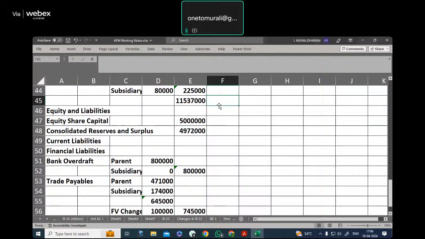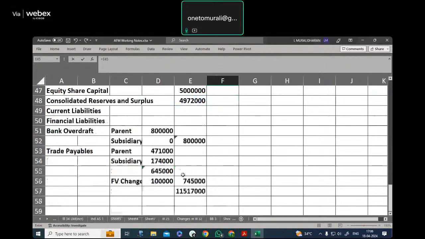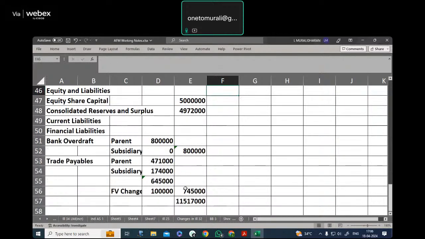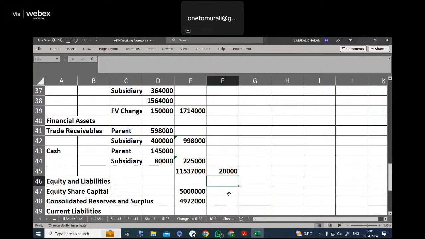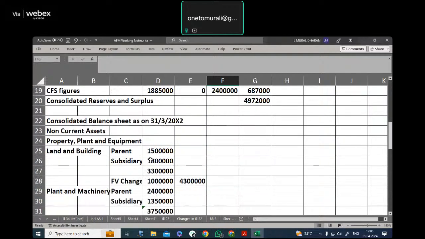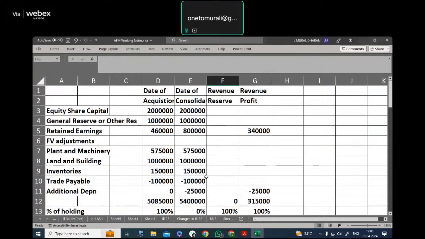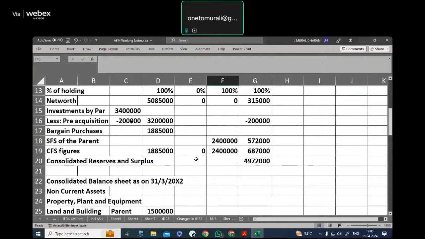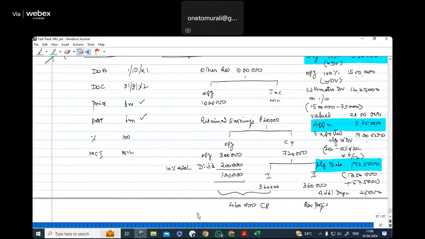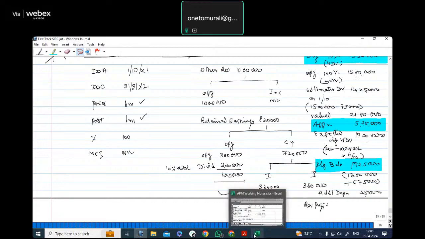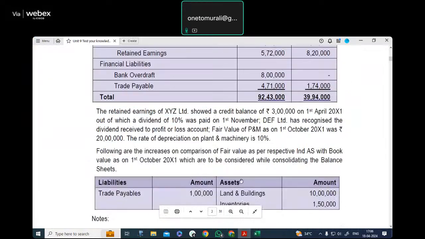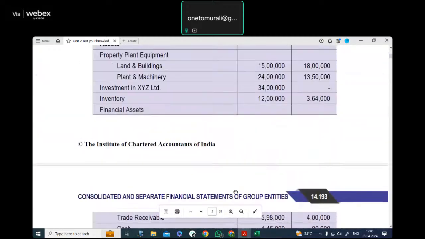So there is a difference that you have. $20,000 difference. Let me just check up. Additional depreciation we have taken up. So let me just check up with the numbers that we have taken up. I think that is a place where we would have gone wrong.